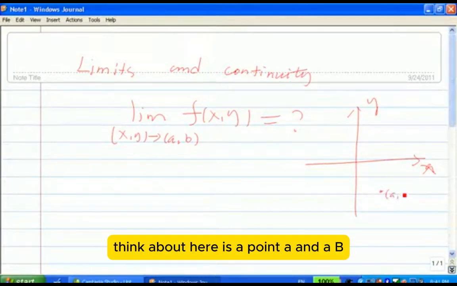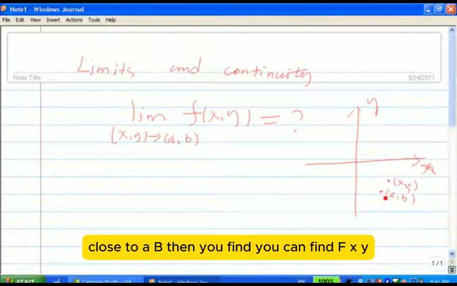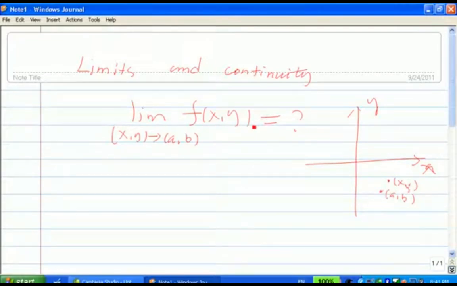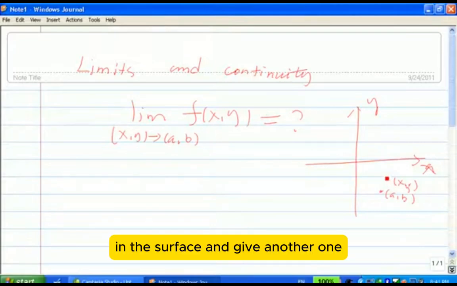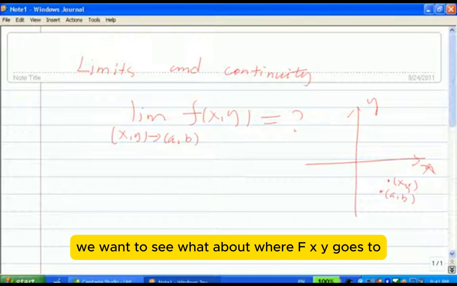Think about a point (a, b). Pick the point (x, y) close to (a, b), then you can find f(x, y) on the surface. Then pick another one, and you find another one. So as (x, y) goes to (a, b), we want to see where f(x, y) goes to.